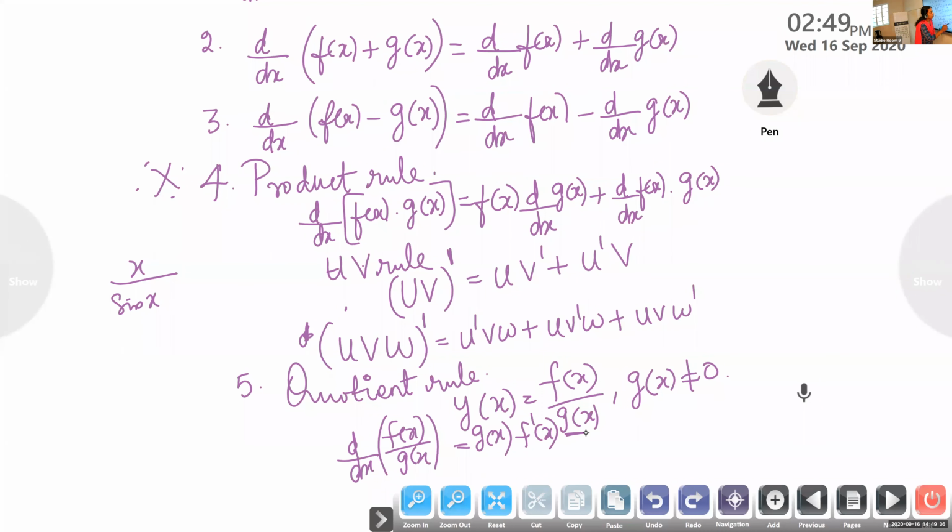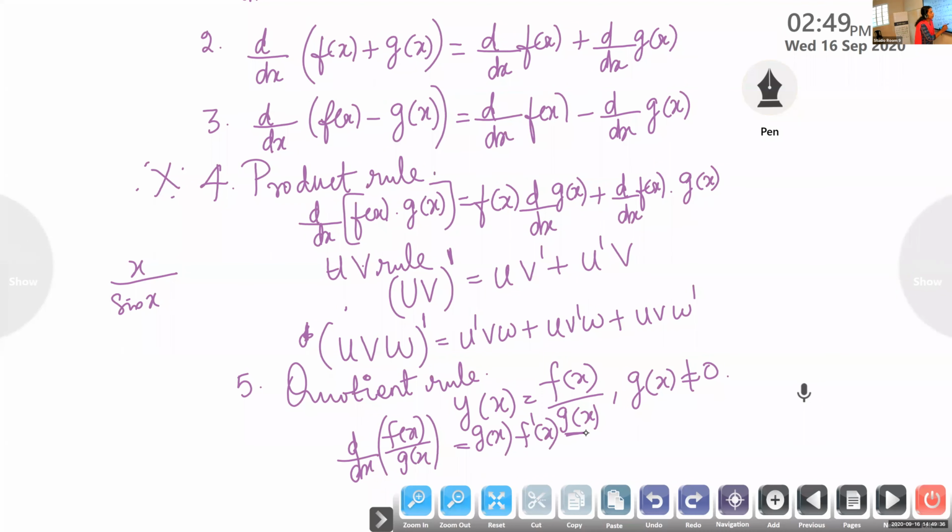Keep the denominator as such, derivative of numerator minus, numerator keep it as such, derivative of denominator, by g of x the whole square, by the denominator square. In other words, we learn this as the u by v rule.